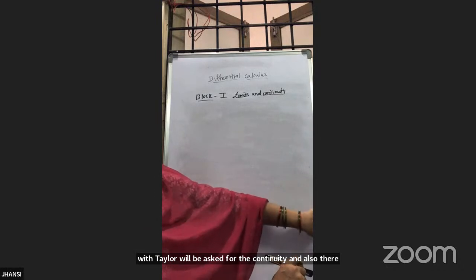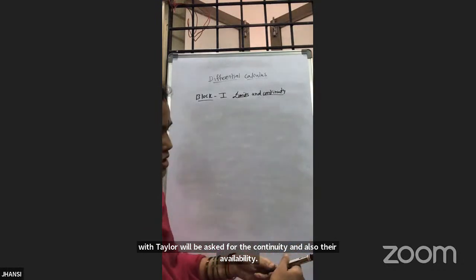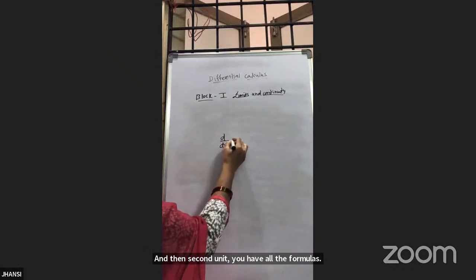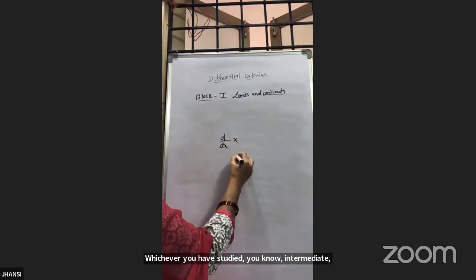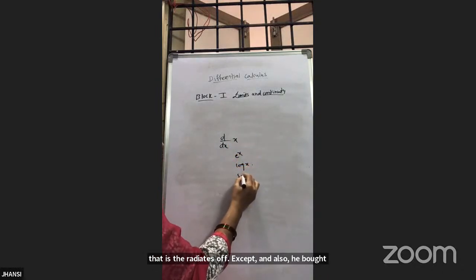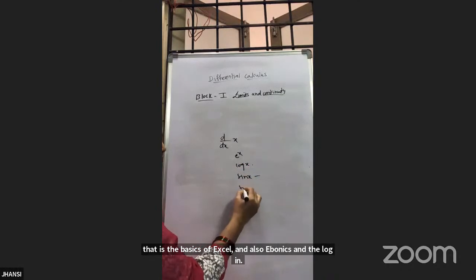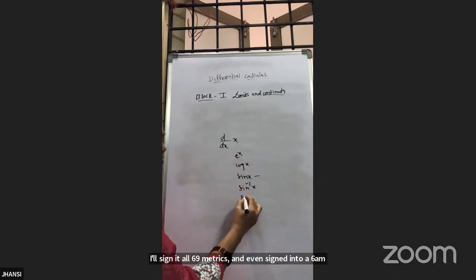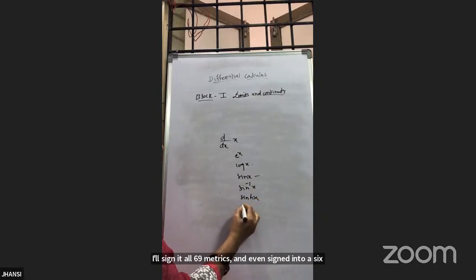And in the second unit, you have all the formulas which you have studied in intermediate, that is d by dx of x and also e power x and log x, sine, all 6 trigonometrics, and even sine inverse x, and also hyperbolic functions, sine hx, sine h inverse x.